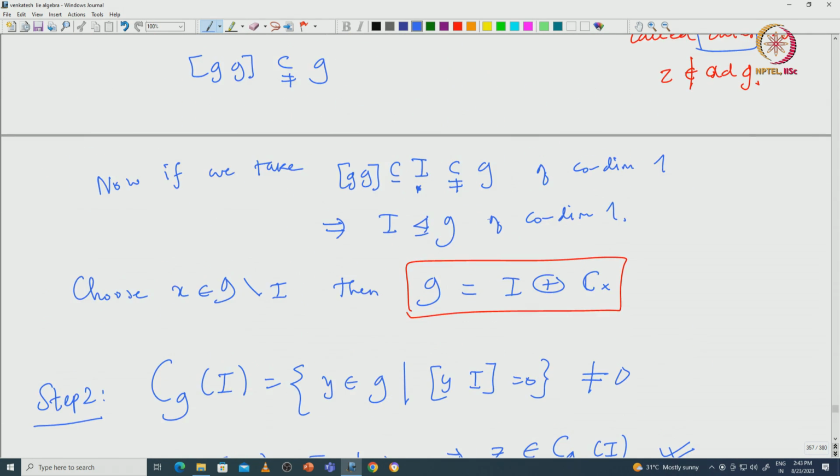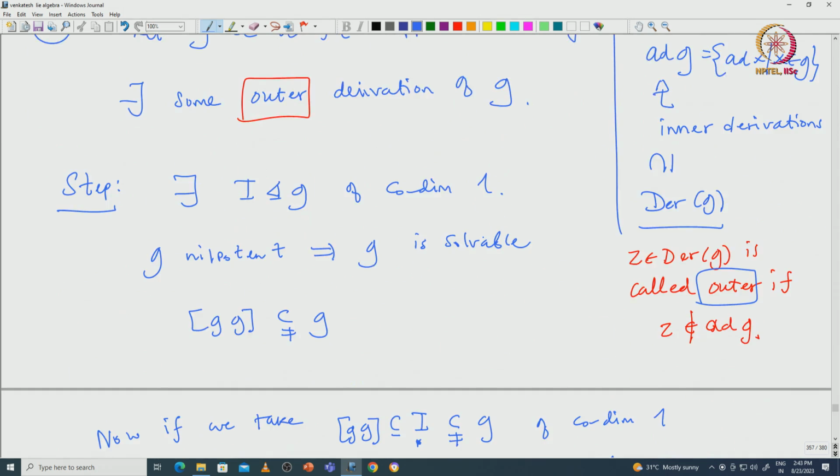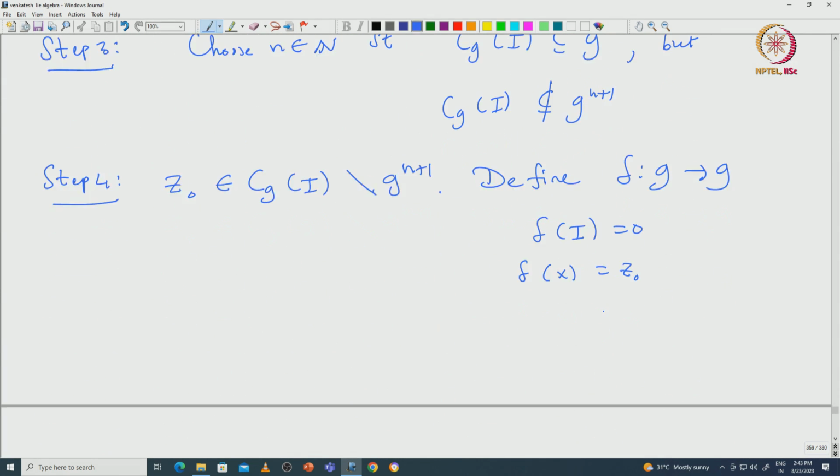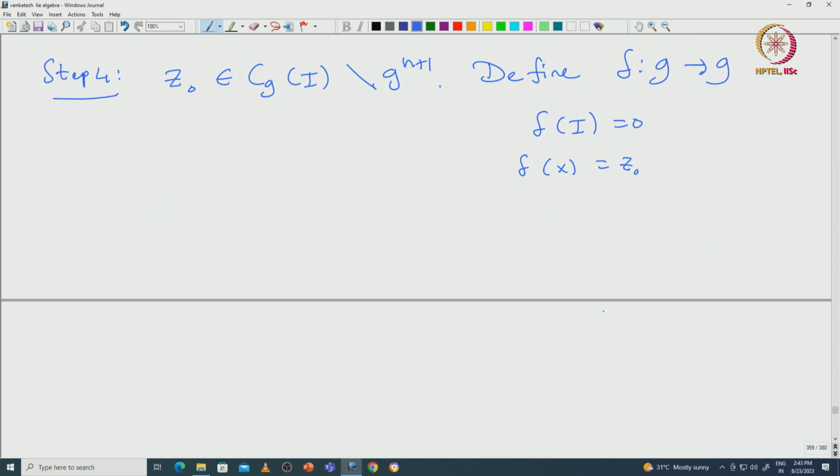Note that G is nothing but I plus C x. So, that is what we already observed. So, one can define it on this I and then x, extend it linearly, there is no issue. Now, what we want to claim? We want to claim this delta must be a derivation.